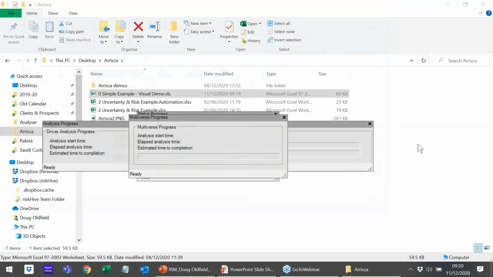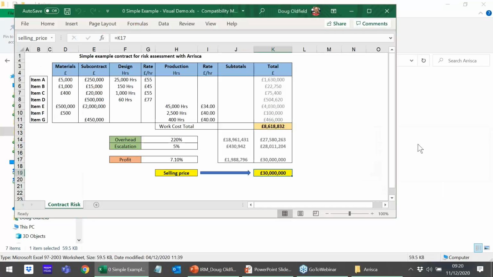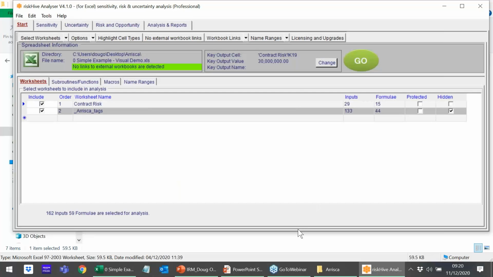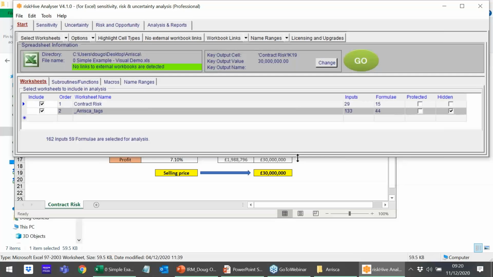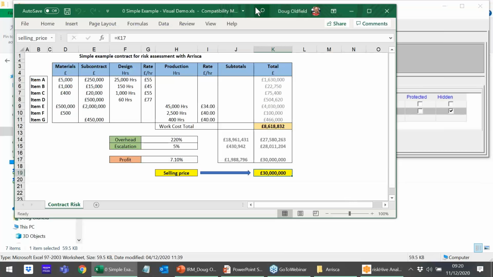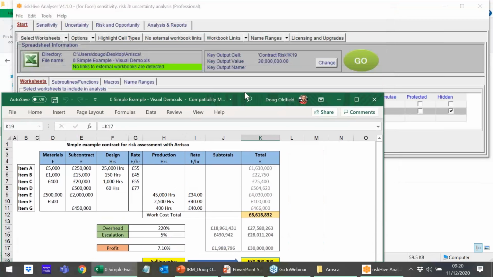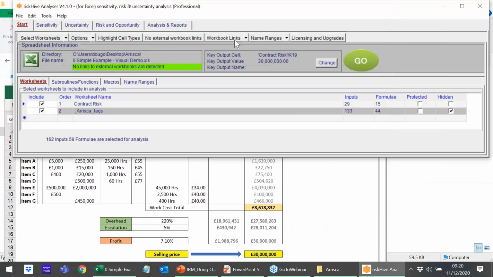And so when I click on OK, what's going on is some background analysis. If I drag my model down a little bit, we can see it vaguely on the same screen. The process that's just happened is that the software has got under the skin of the Excel model.